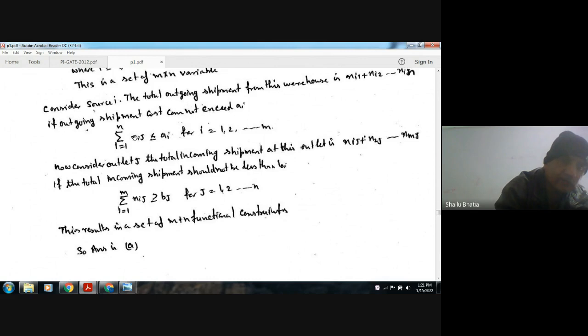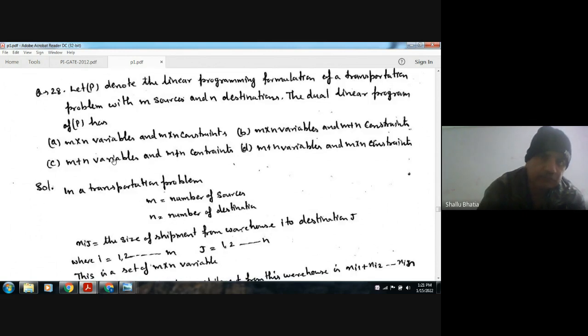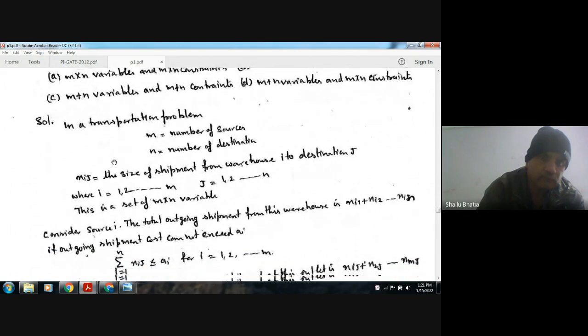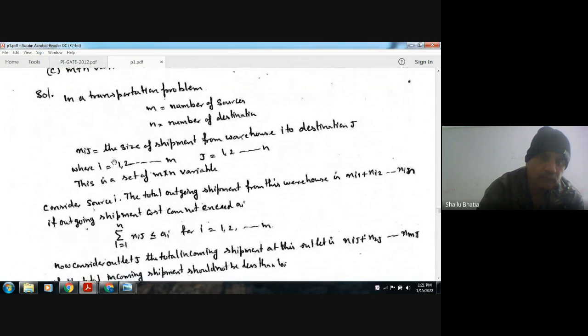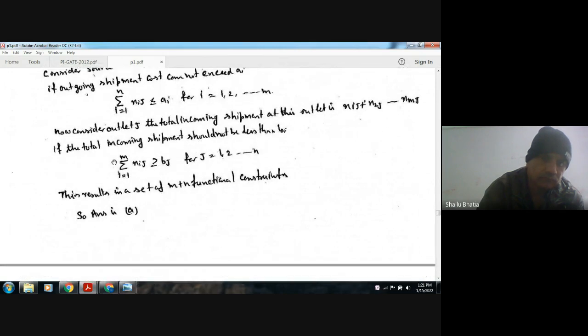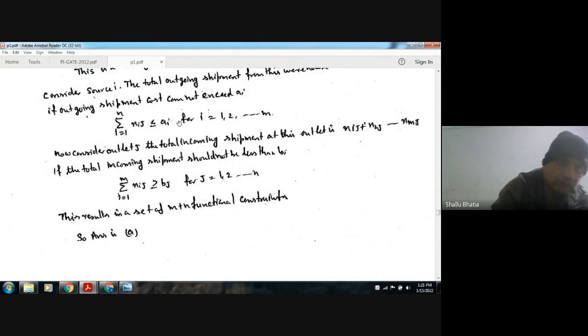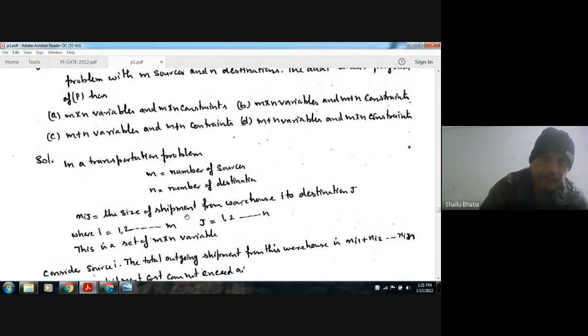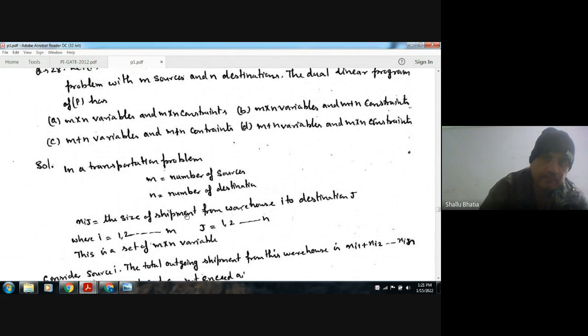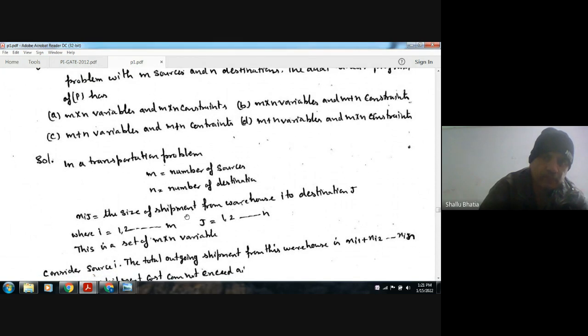There are n constraints here and m constraints here. So the number of constraints is m plus n. So the answer is B.